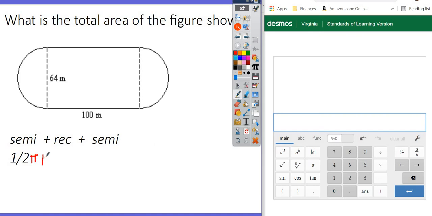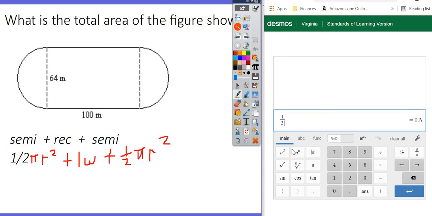Then I'm going to add my rectangle, which is length times width. And then I'm going to add that semicircle again at the other end, which is 1/2 pi r squared. All right, let me get all my formulas in my calculator.